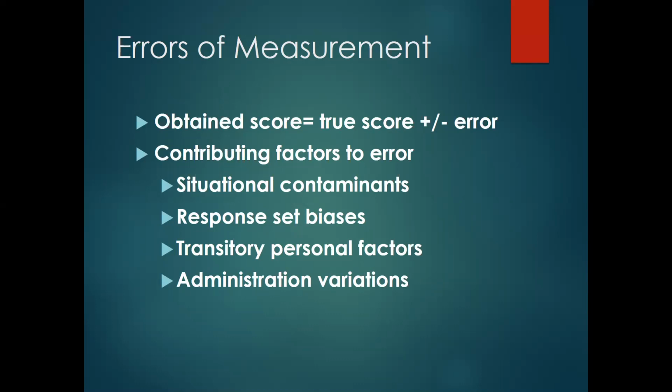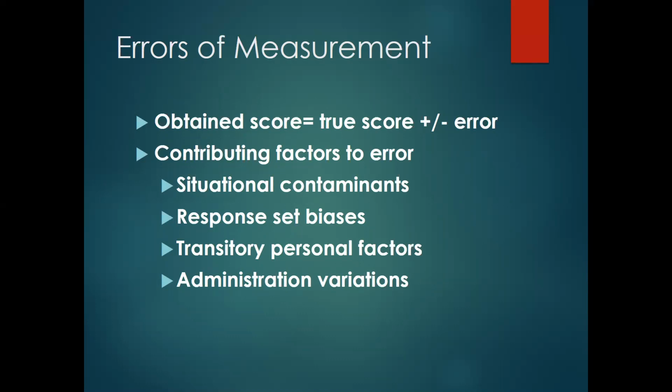So there may be some error if we use simply feet and inches. Our error could be plus or minus an inch, for example, and that would be our level of error. If we used instead centimeters or millimeters, we would have a lower amount of error because it would be closer to the true measure.